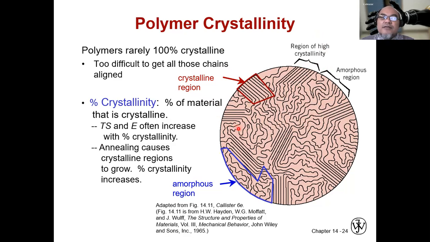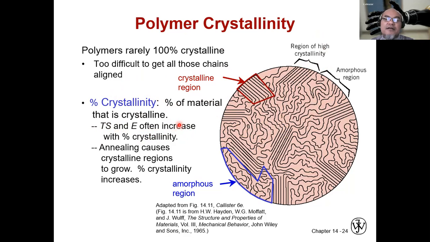So the amount of material that is crystalline within that material is expressed as percentage of crystallinity. And the tensile strength and the Young's modulus often increase with a higher percent of crystallinity.